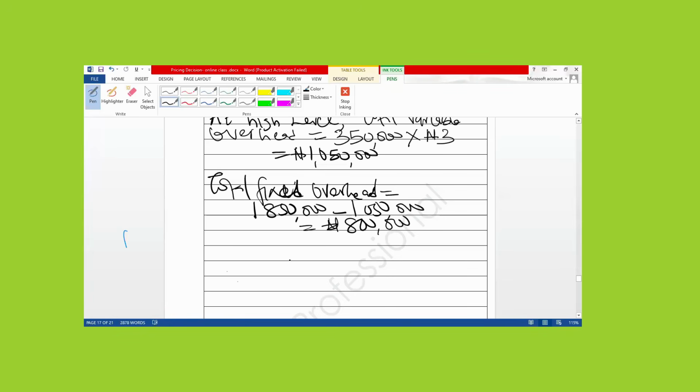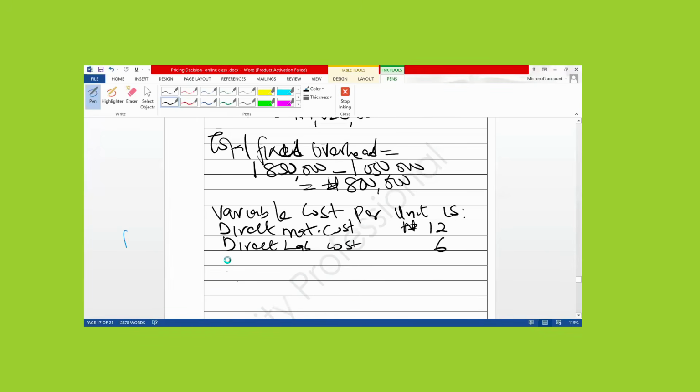Requirement A says calculate variable cost per unit. My variable cost per unit is direct material cost, 12 naira; direct labor cost, 6 naira; variable overhead cost per unit, 3 naira.